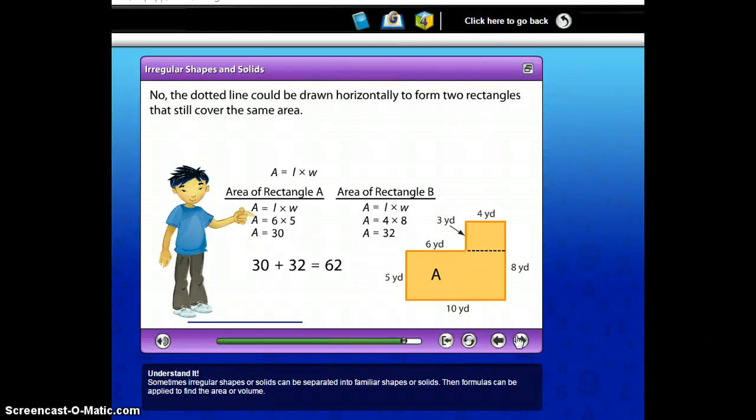No, the dotted line could be drawn horizontally to form two rectangles that still cover the same area.